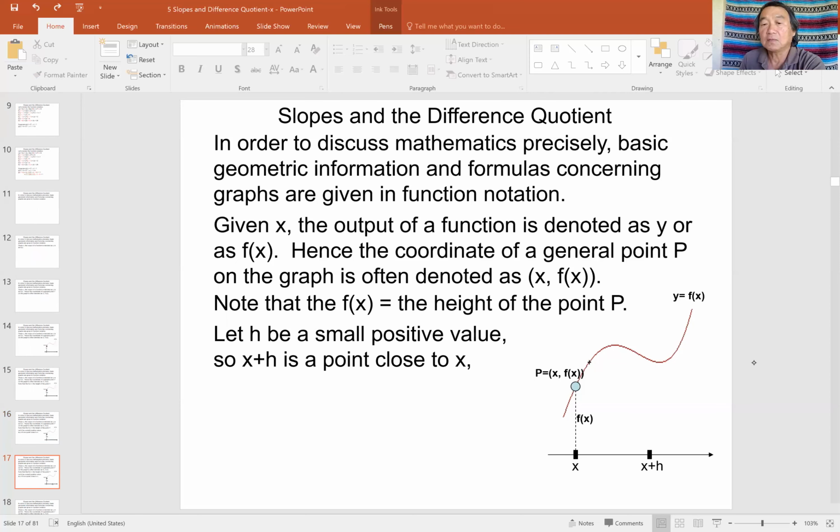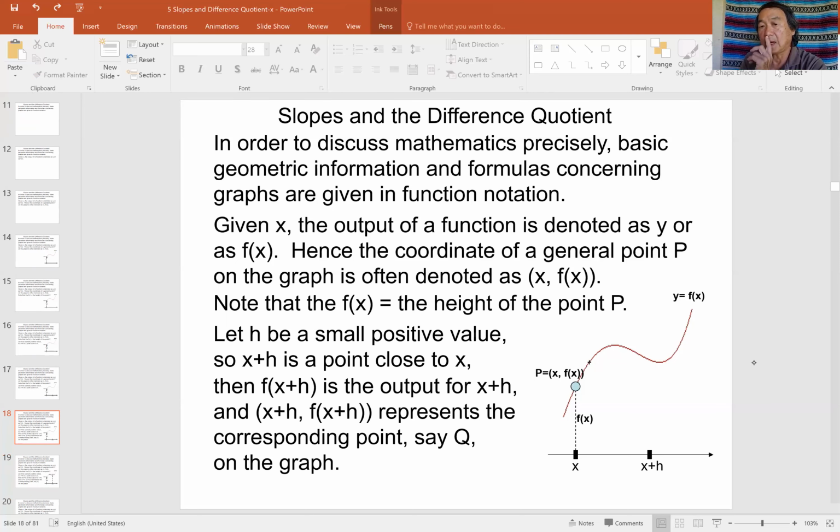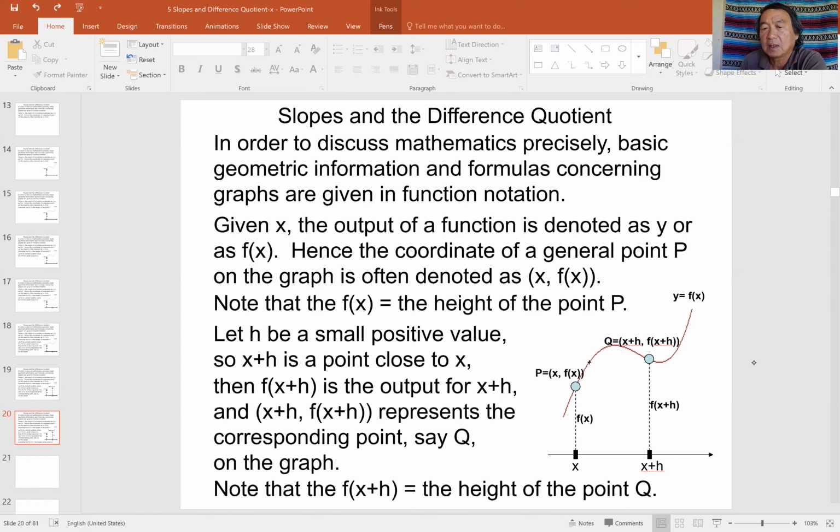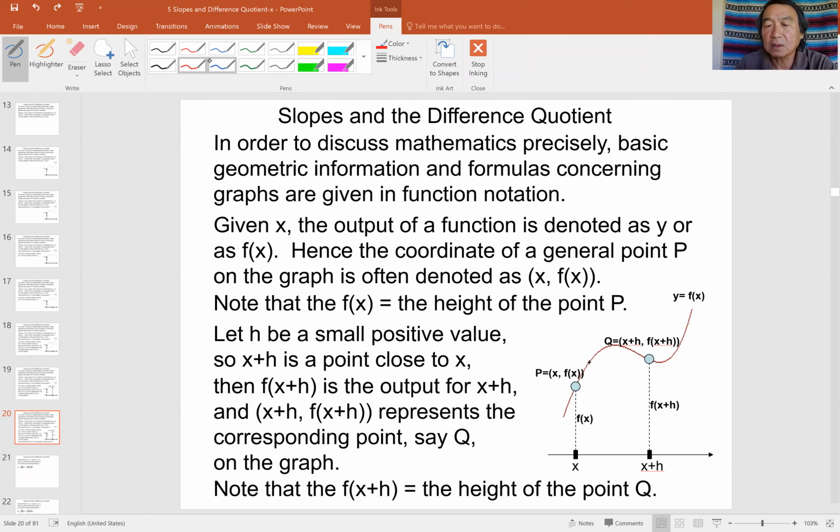And if I move over, then correspondingly I can write the coordinate for the point x plus h. What's x plus h? h is just some small amount that you moved over. From here to here, the distance is h.